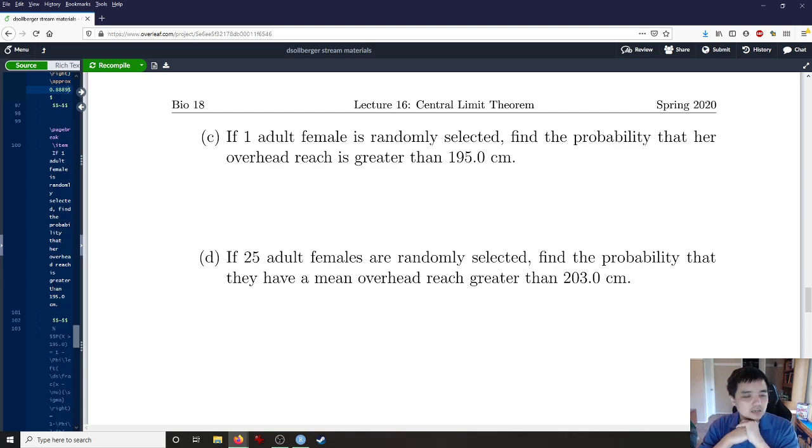Alright, so next I have a couple more examples with the same setting, the overhead reach distances, but just to give you some more examples of slightly different phrasing.